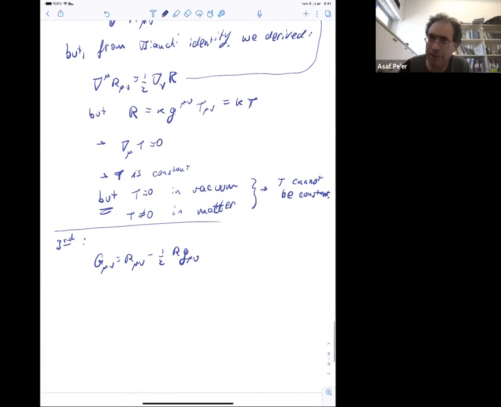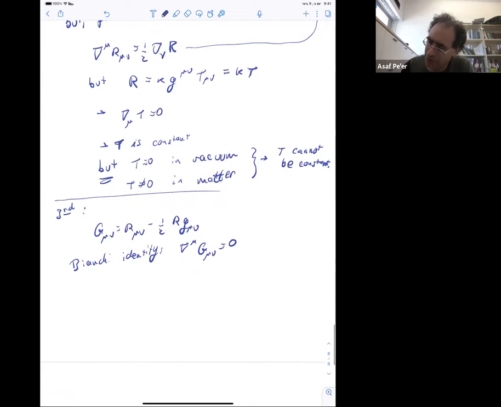Remember, we derived this on Sunday. Write it down as nabla mu G mu nu is equal to 0. So now we can think of an equation of the form G mu nu is equal to kappa T mu nu. So this will be our next guess.